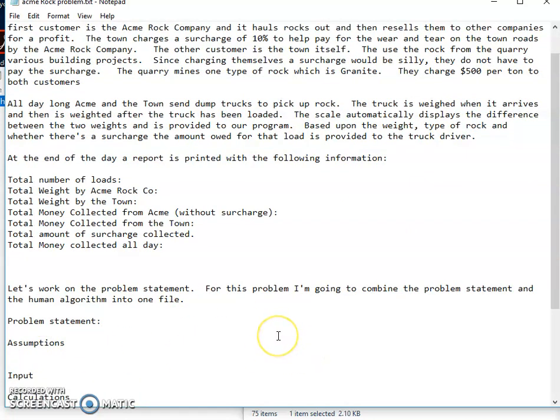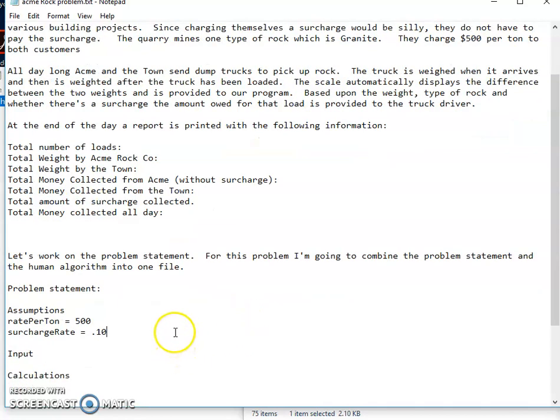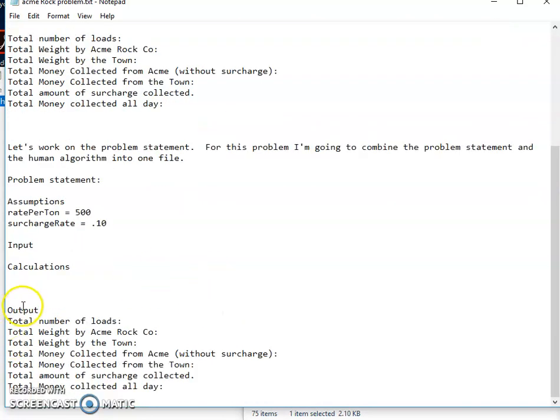So I'm going to say rate per ton, and that's going to be equal to 500. And then the surcharge rate, and that's going to be equal to 10%, and we do that with 0.10. So that's the only numbers that we have. So now we're ready to go down and take care of our output.